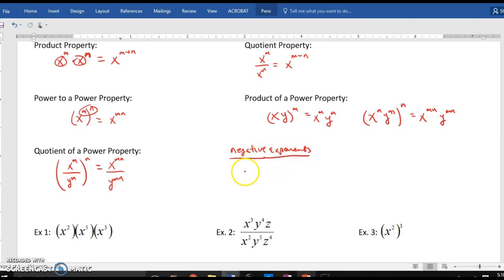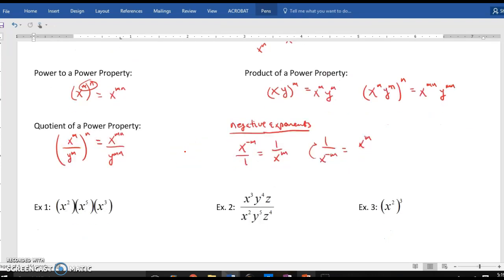And when you have negative exponents, if you have x to the negative m in the numerator, to make that exponent positive, we bring it to the denominator. And the same thing is if I have the negative exponent in the denominator, I bring that up to the numerator to make that exponent positive.